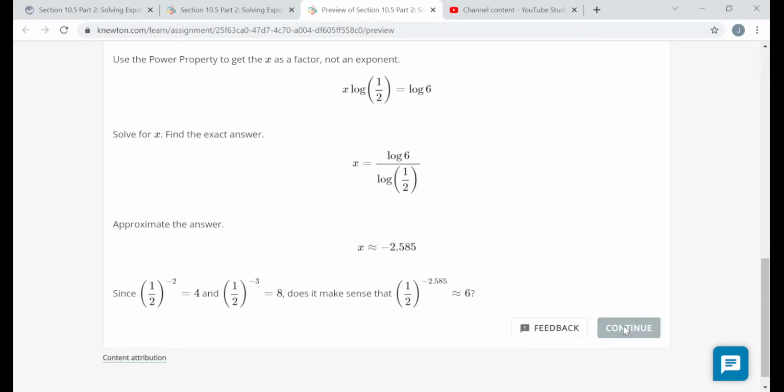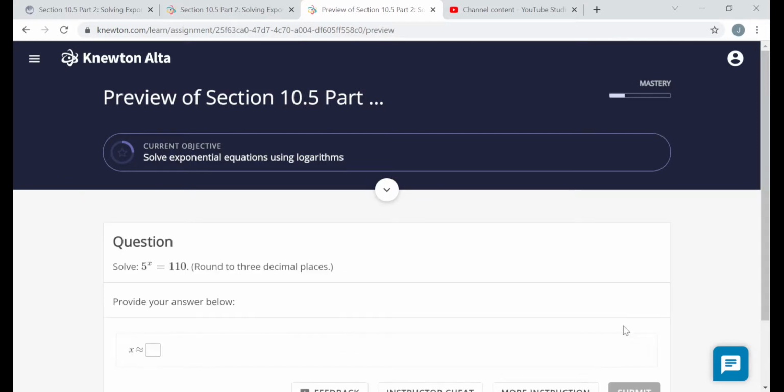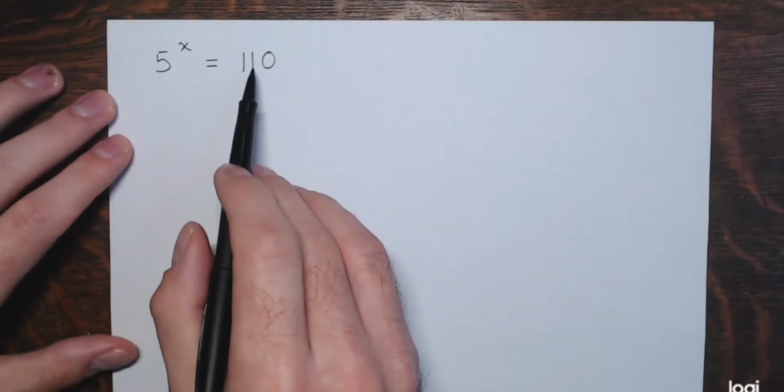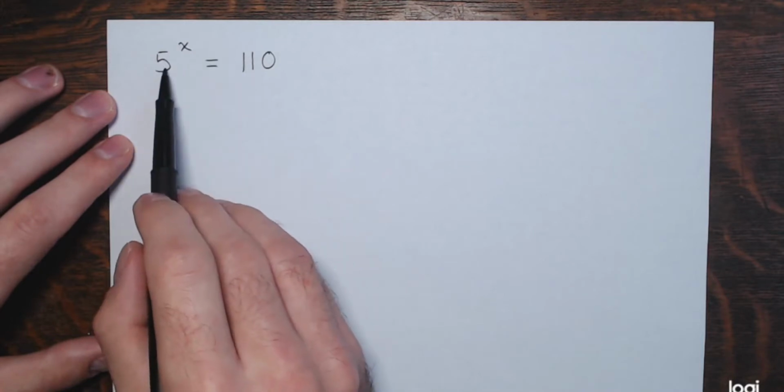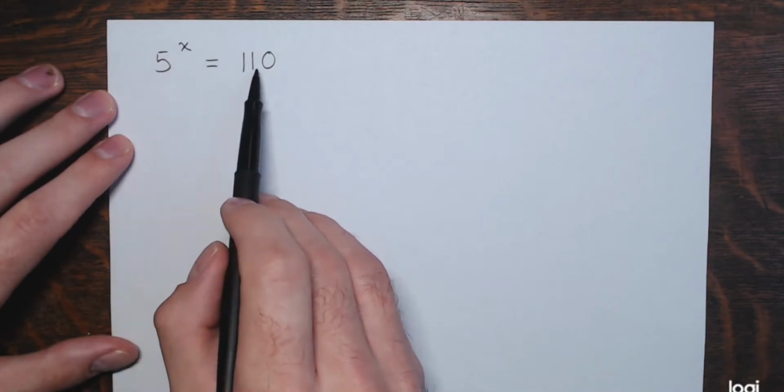Okay, next question. Same objective. We're asked to solve a particular exponential equation using logarithms and rounding our final solution to 3 decimal places, to the nearest thousandth. Once again, this is a nice exponential form, just a number to a power with a variable equal to another number.